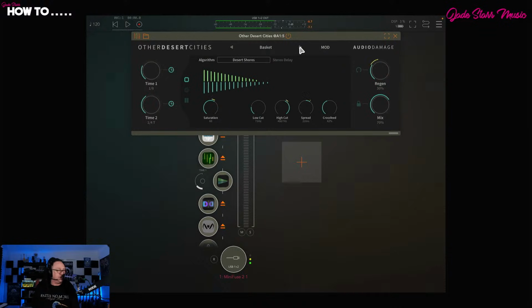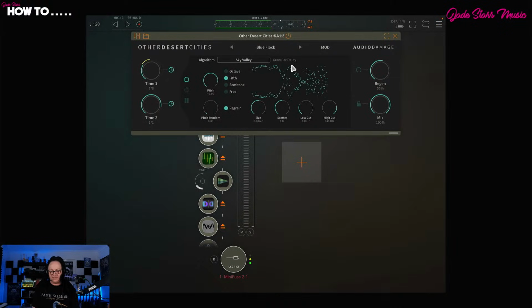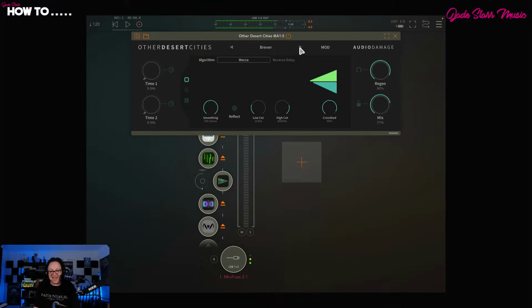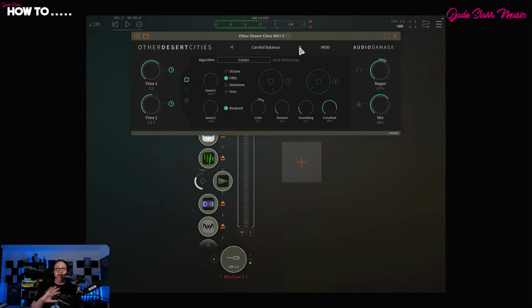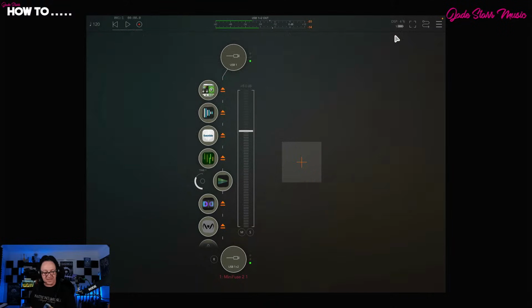And it can do some really odd stuff with modulation, octaves, semitones. I love this app so much. It's so much more than a delay, right? Pitch shifting. So this is a wicked app. I can't recommend this one enough.